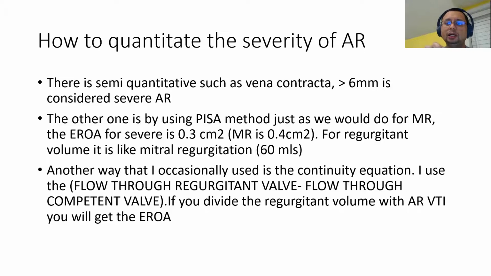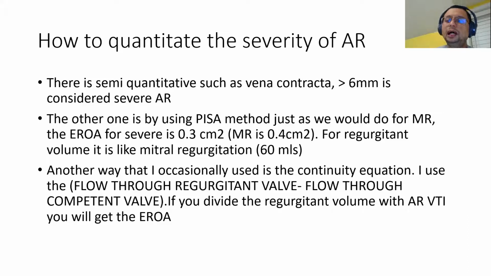The most common thing that I do is look at the flow out of the pulmonary valve, and then look at the flow out of the aortic valve. So the stroke volume across the regurgitant valve minus the stroke volume across the competent valve is the regurgitant volume of that valve. Okay, one more time.